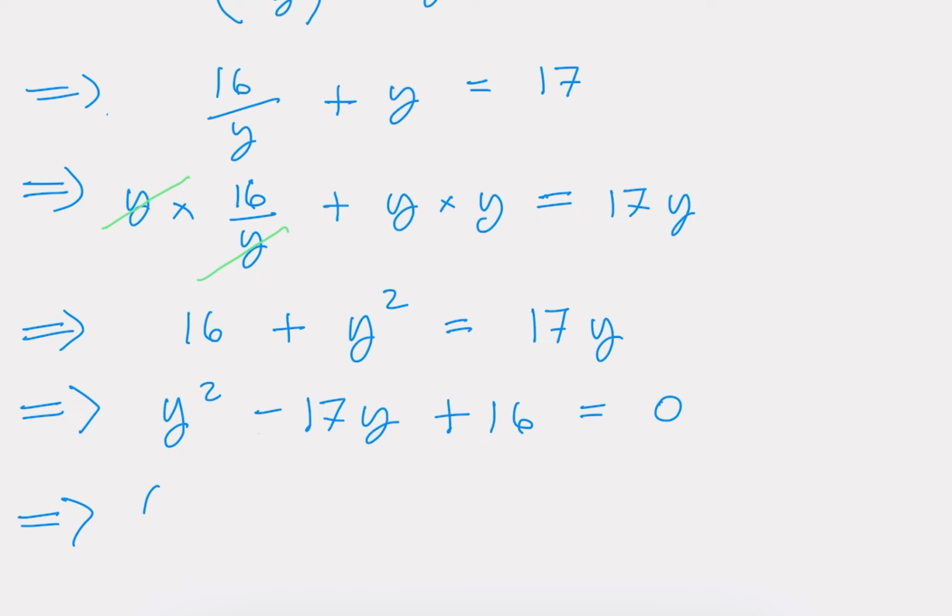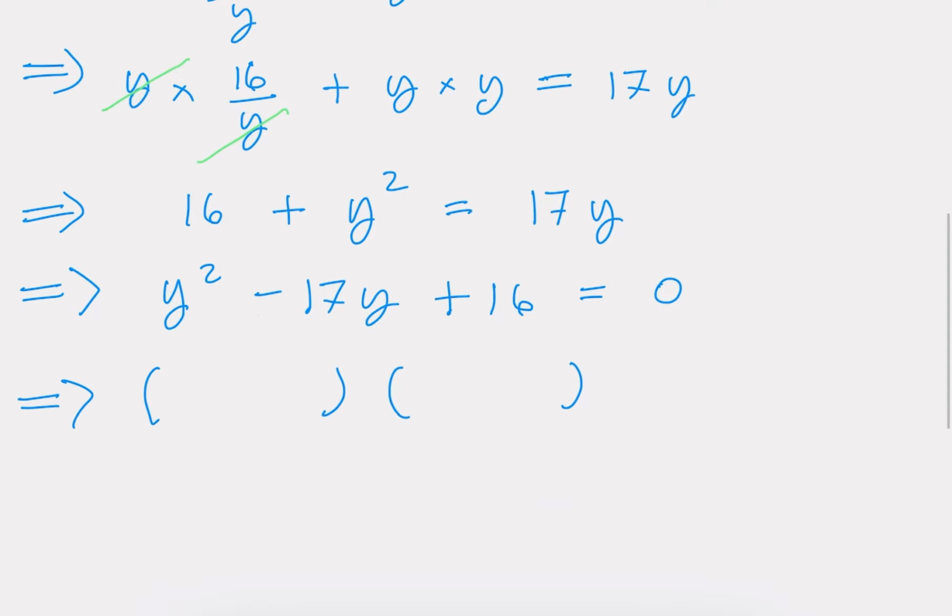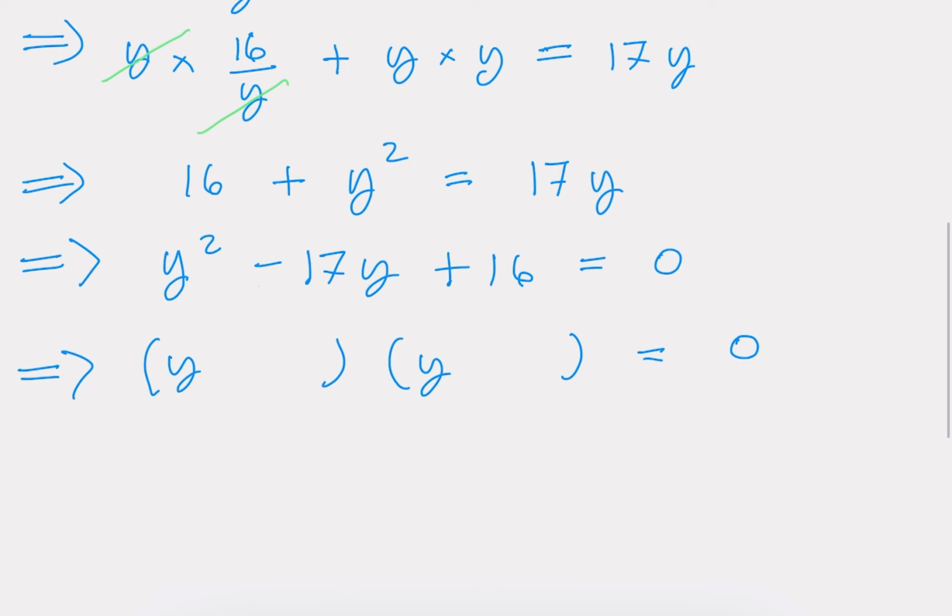Okay, so to factorize, we're going to write 2 brackets as follows. And we're going to put equals 0. So we're going to put y here, we're going to put y there. And to factorize this, we know that if we take minus 1 and multiply it by minus 16, it's going to give us positive 16, which is, of course, the last term over here.